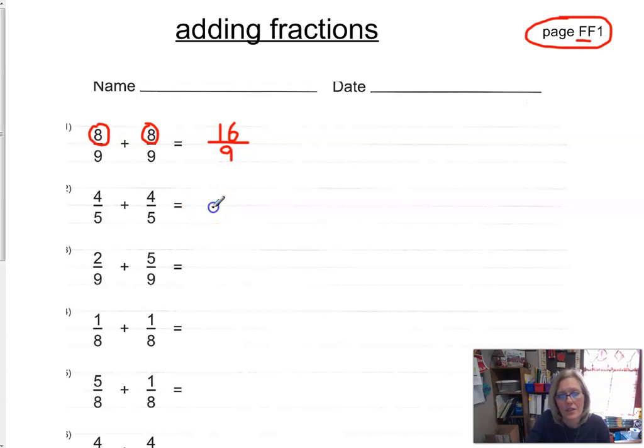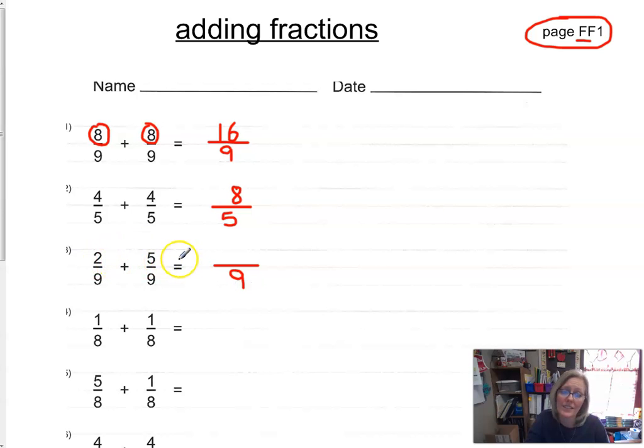So if I come here to the next one, 4/5 plus 4/5, well, if I add fifths, I'm just only going to get fifths. And then I have 4 plus 4 is 8. So you're getting the hang of it? Let's go to the next one. If I'm adding ninths, I'm only going to get ninths.